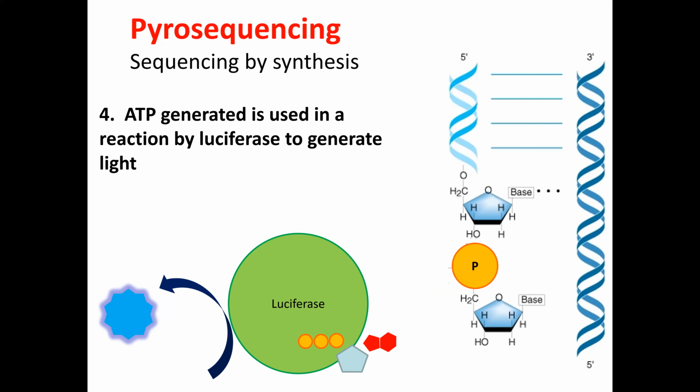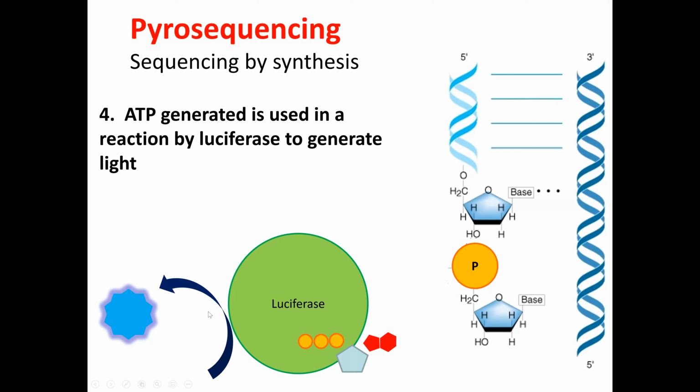What happens is we can capture kind of an image of what's happening between each of these additions of nucleotides. We add a pool full of guanine. If it gets added, we see flashes of light. If it doesn't get added, then we're not going to see any light.